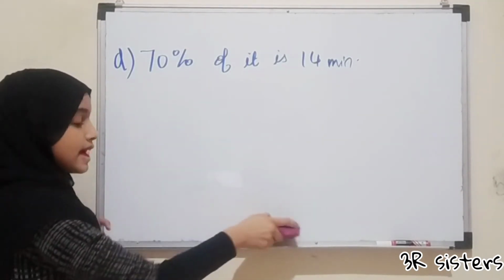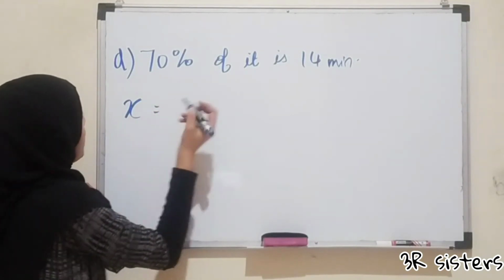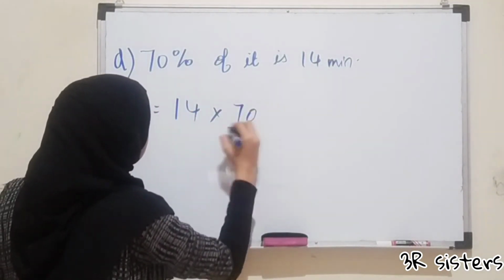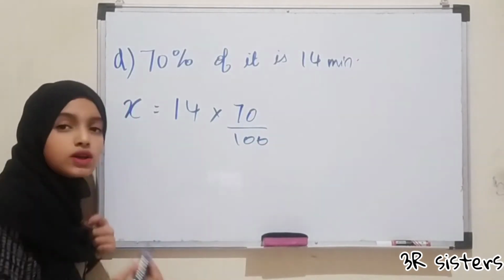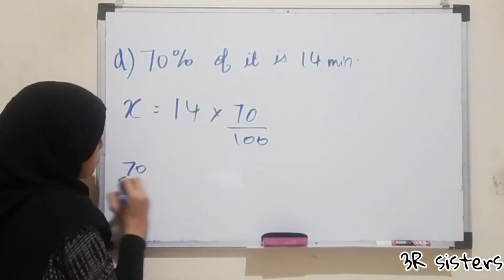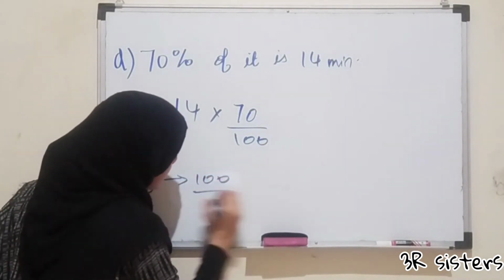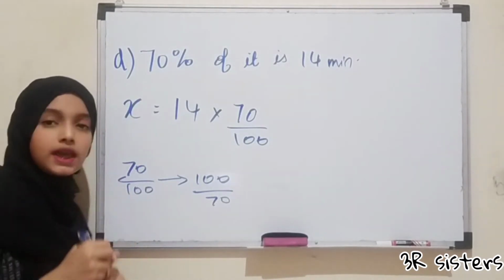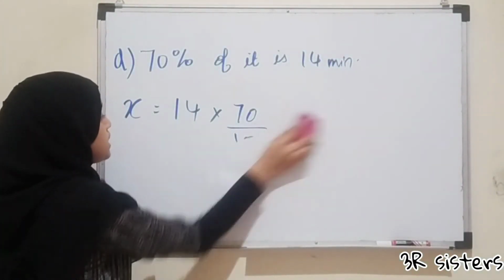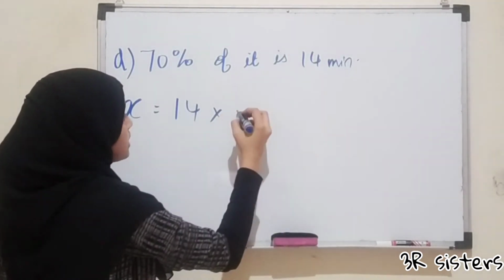First, we'll write x is equal to what? First, 14 into 70 by 100. What is 70 by 100's reciprocal? 70 by 100 will change to 100 by 70. Okay? So now, instead of this 70 by 100, we can write 100 by 70.